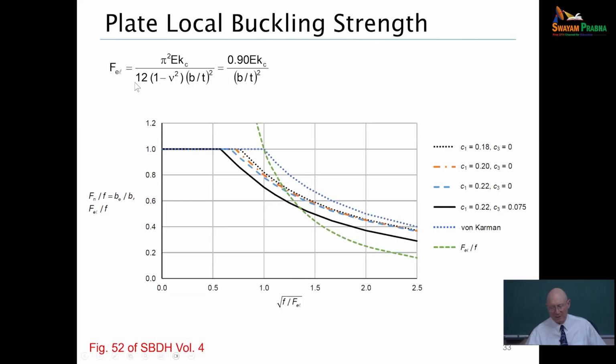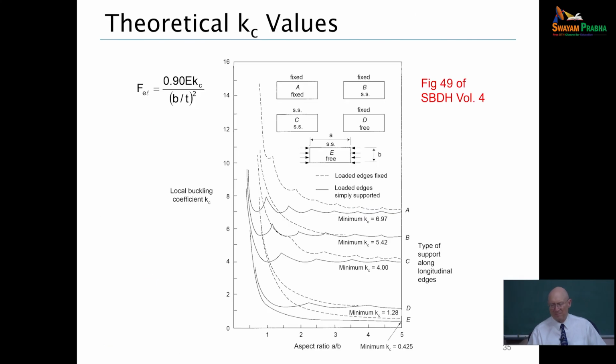This is the equation we usually write from theory of elasticity, but if we plug in 0.3 for Poisson's ratio and do pi squared over 12 times (1 minus Poisson's ratio squared), we get essentially 0.9. So now in this form, depending on different boundary conditions, we have different values for the local buckling coefficient, Kc.